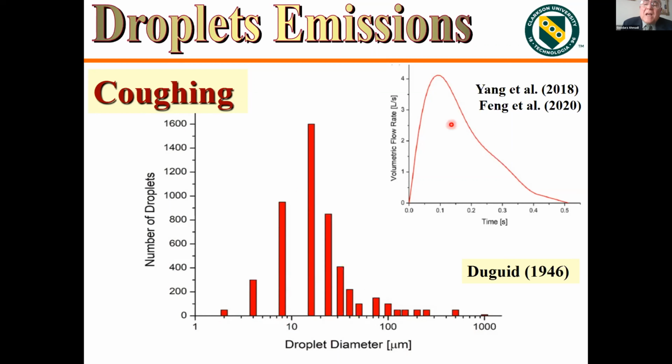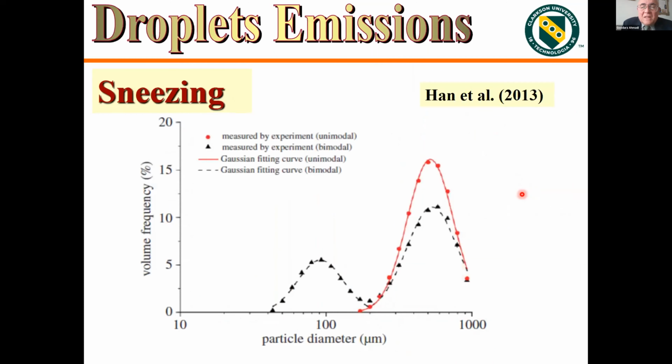And then Yang and Fang here studied the volumetric flow rate of cough, which shows it's certainly a transient effect, and that expels the droplets in the surrounding area. And for sneezing, on the other hand, there are several data available. This is by Hannah et al. There are actually two modes.